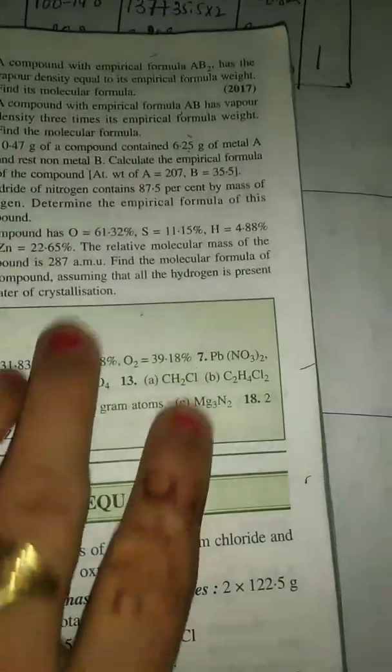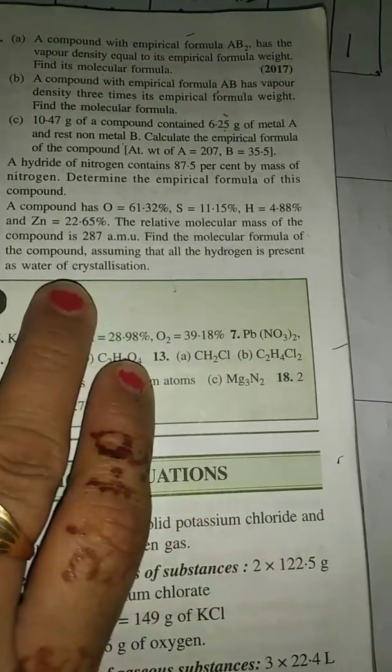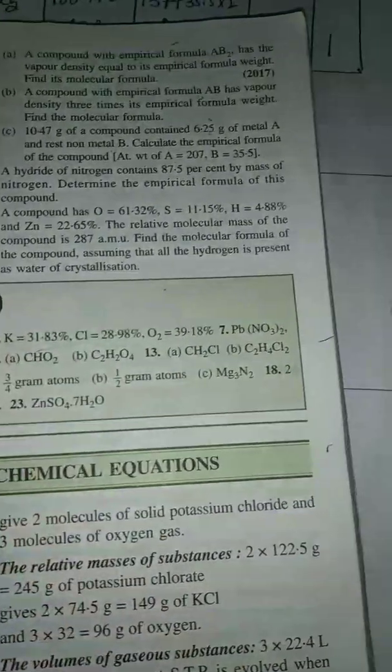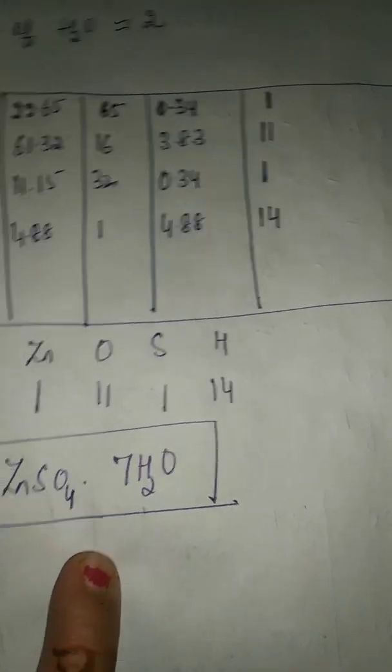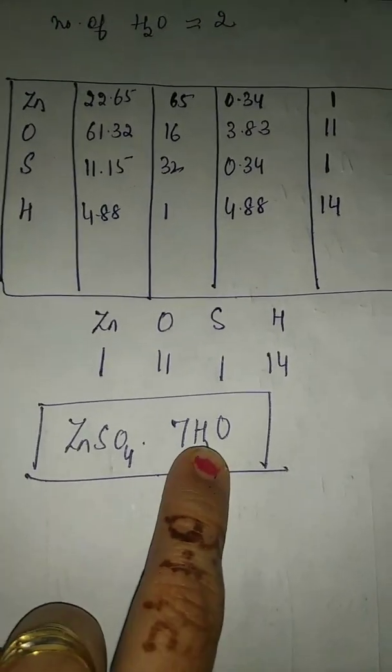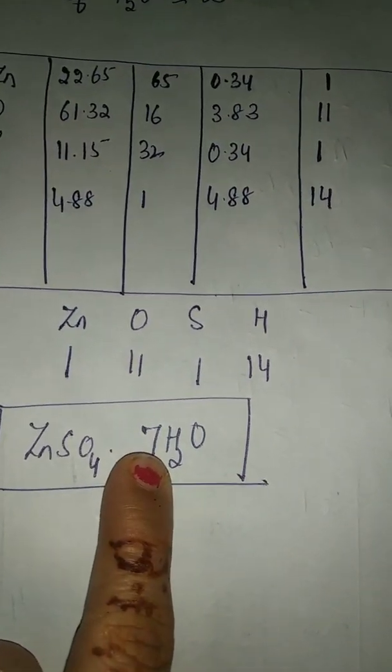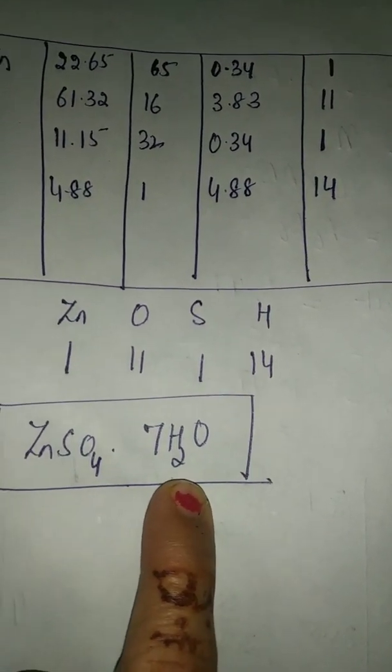Then students, in the question it is given, find the molecular formula assuming that all the hydrogen atoms are present as water of crystallization. Now water of crystallization means H2O. Now total hydrogen atoms are 14. So H2O means we will multiply it by 7. So 7 into 2, 14.